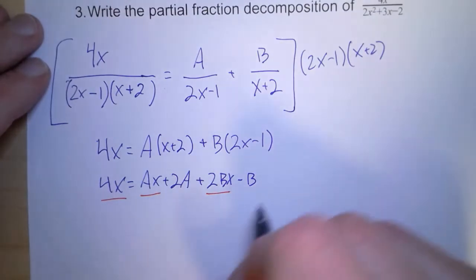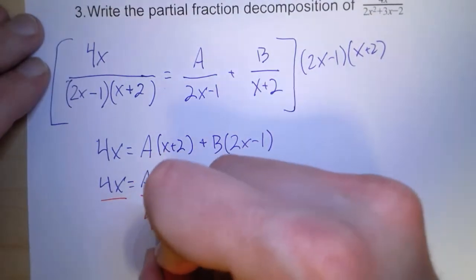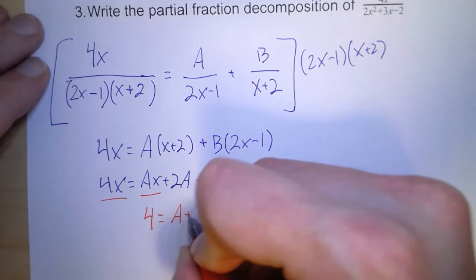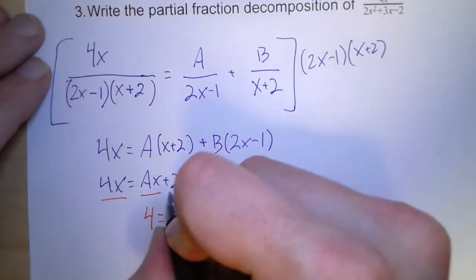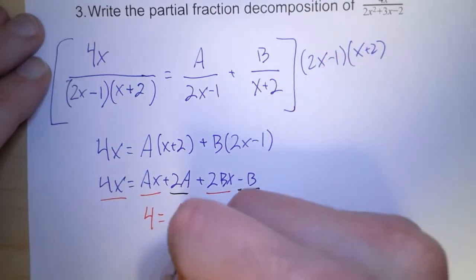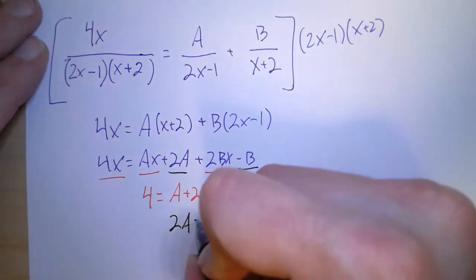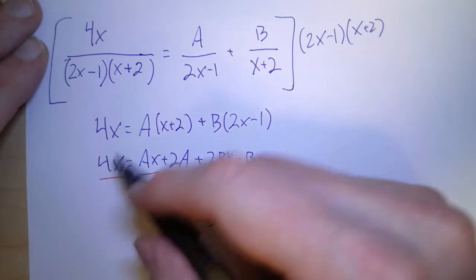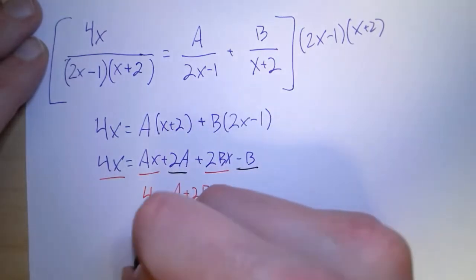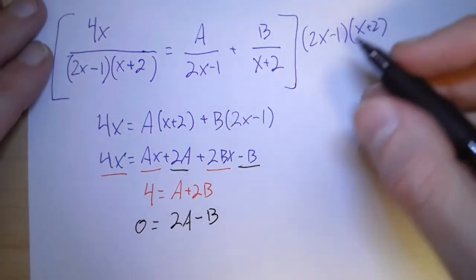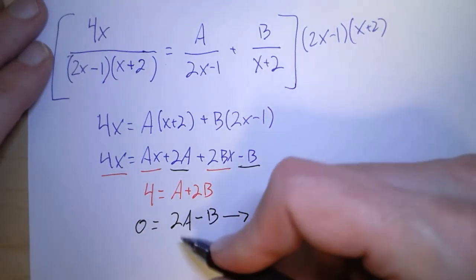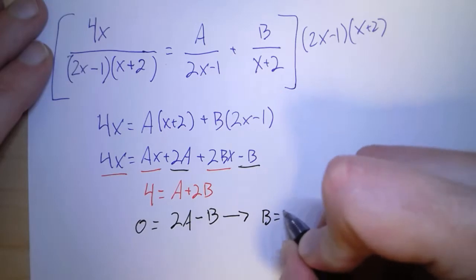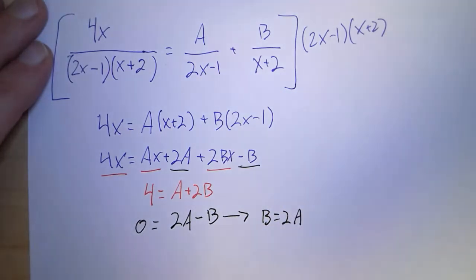So again, we focus on just the coefficients. So 4 equals a plus 2b. And then over here, we have these constants, 2a minus b. But since there's no constant over here, that means that that equals 0. So we'll take this equation and we'll solve it for b. We add b to the other side, so b equals 2a.